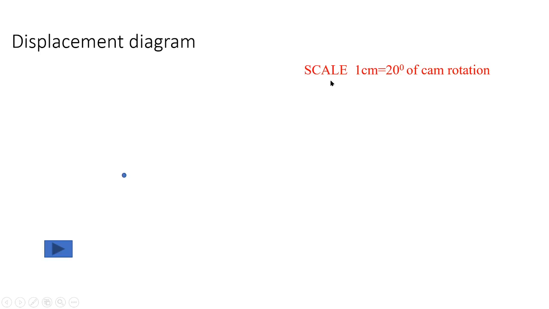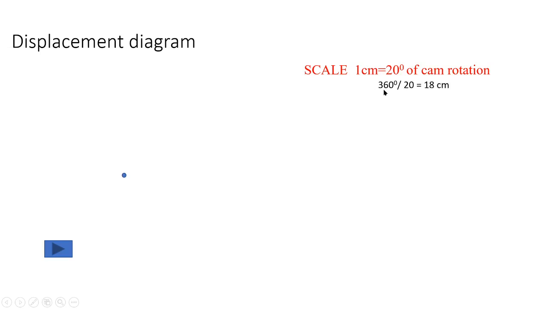To represent one rotation of the cam on the x-axis, we have to choose a suitable scale. Let the scale on the x-axis be 1 centimeter equal to 20 degrees of cam rotation. If you draw a 1 centimeter line on the x-axis, it represents a cam rotation of 20 degrees.